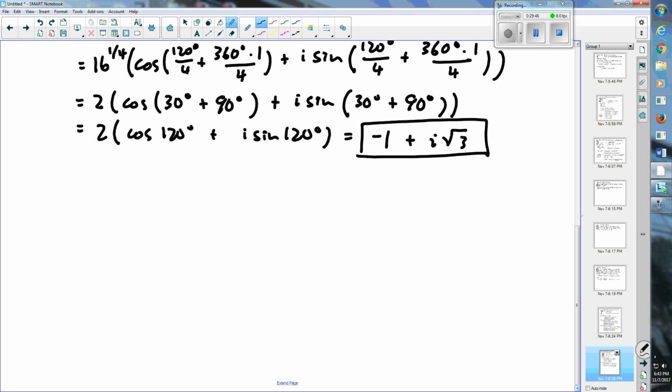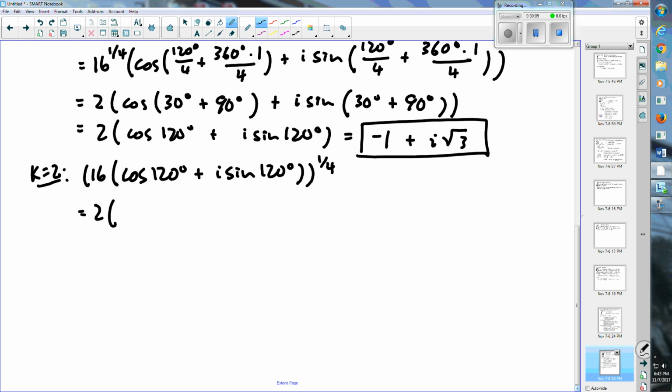Let's make some more room. So this is for when k is 2. We have 2 more of these to go. I'm sure you can see what's happening here. We have 16 times the cosine of 120 degrees plus i sine of 120 degrees, in parentheses, to the 1/4 power. This is equal to 2 times cosine of 120 over 4.